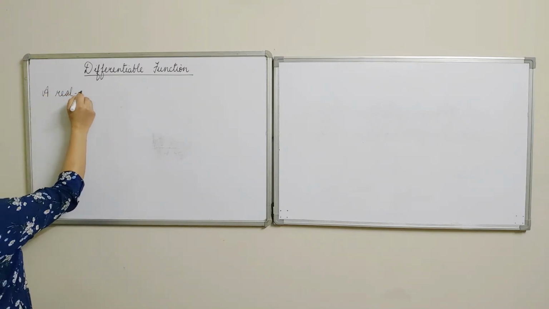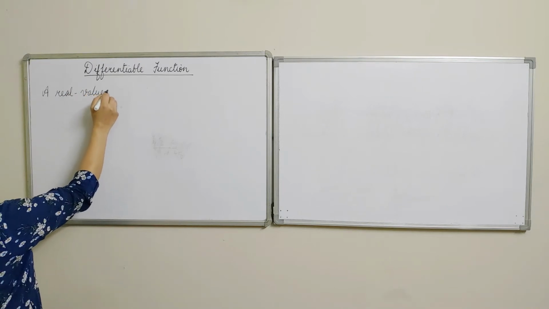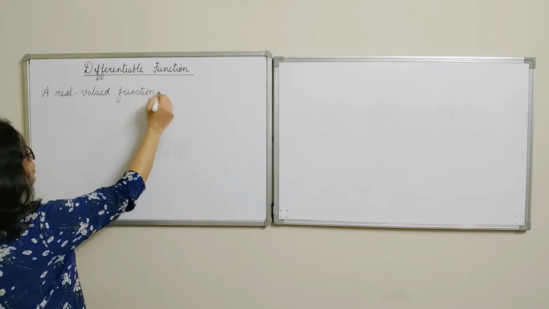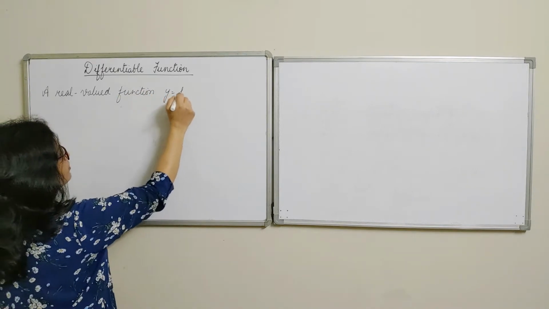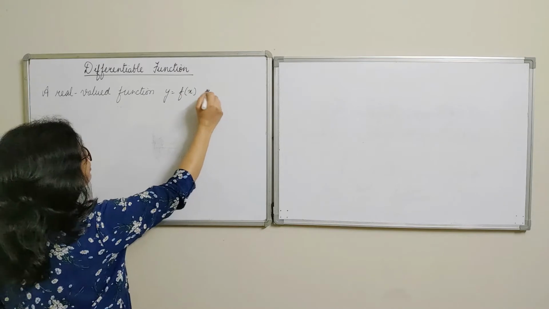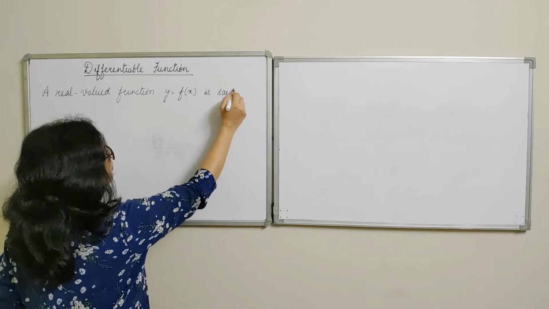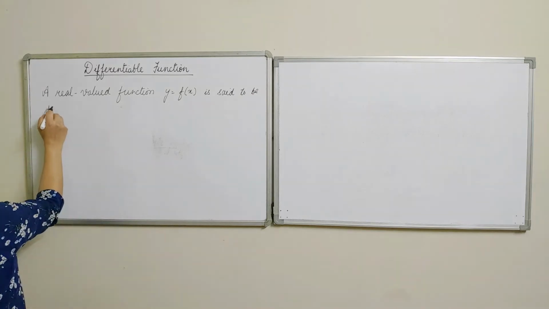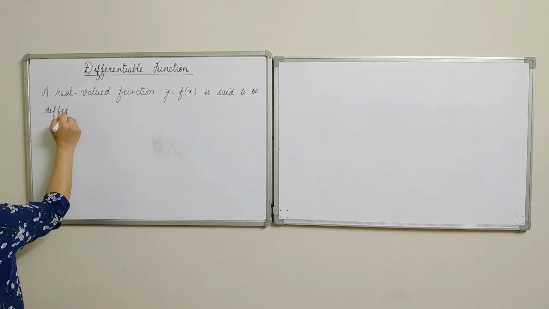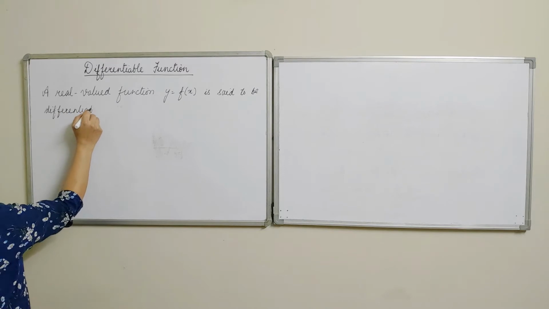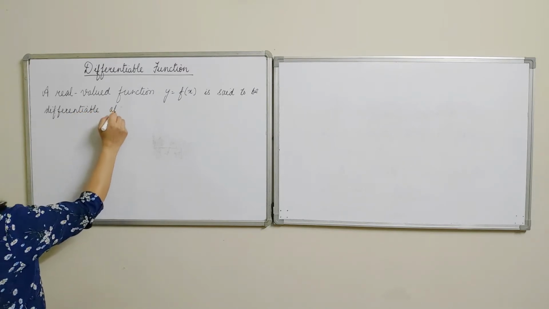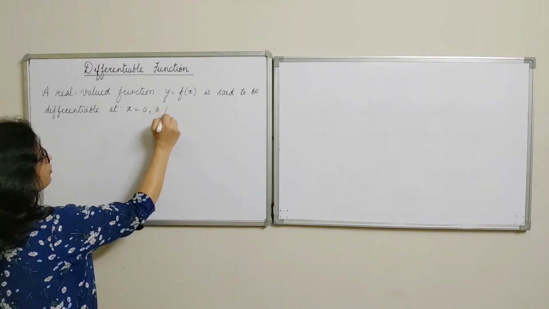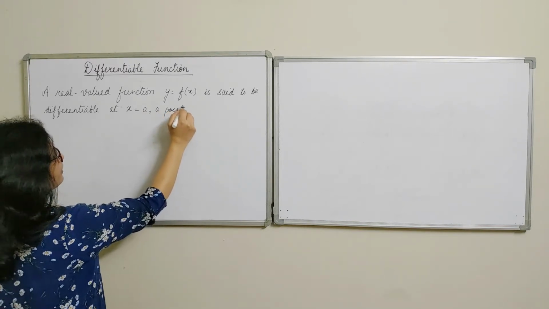A real valued function y is equal to f(x) is said to be differentiable at some point x is equal to a, which is a point in its domain.